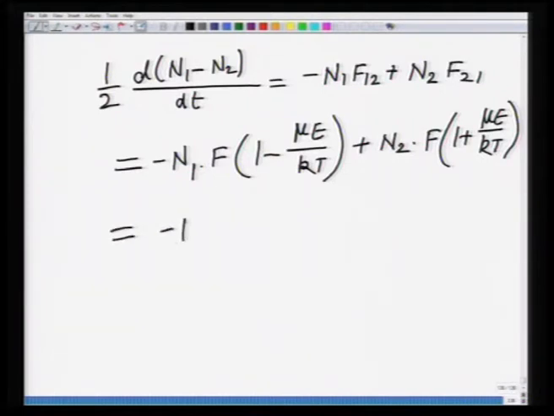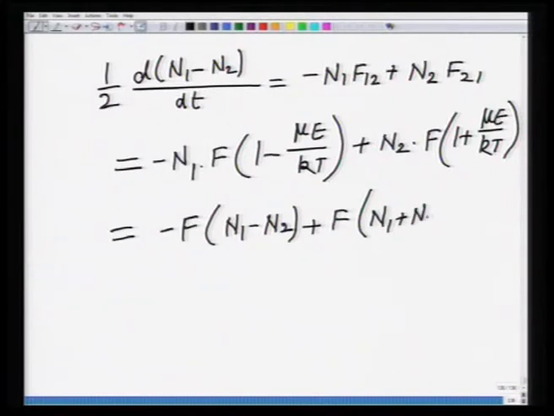So this becomes minus F into (n1 minus n2) plus F into (n1 plus n2) multiplied by mu E by kT. Okay.